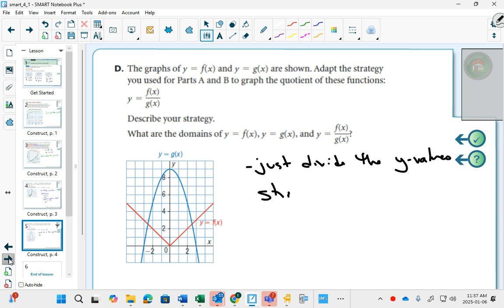You just divide the y values. I'm going to color code this. They want g of x is blue, and f of x is the red graph. So we want to take the red graph and divide it by the blue graph.